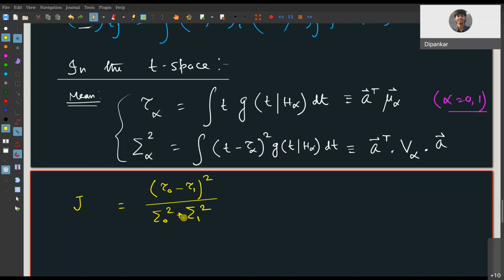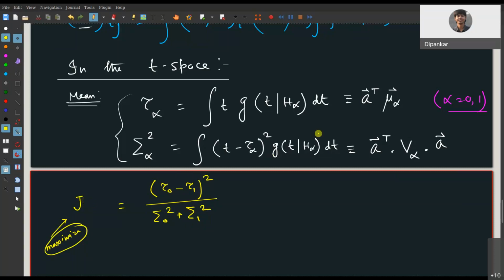And if you want to maximize J, then you kind of achieve both. You try to increase this tau 0 minus tau 1 whole squared, and you try to decrease this thing. So it has both the features that I need so that this T will be a good test statistic. And what will this J depend on?